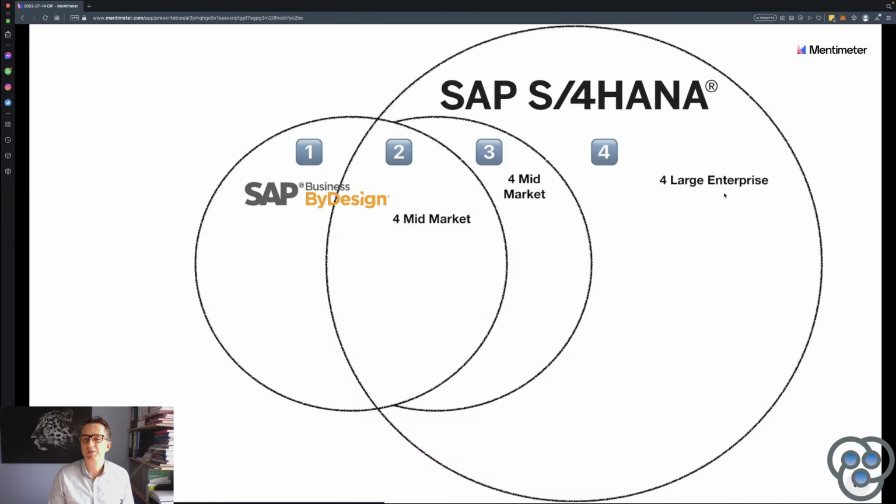This is, for example, treasury. We have that here in subset 4, I would say. Typically, treasury, the way it is implemented in SAP S/4HANA Cloud, is mainly for large enterprises. Okay, there may be exceptions. There are always exceptions.